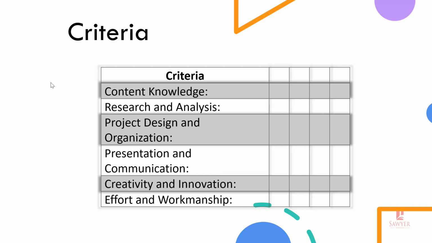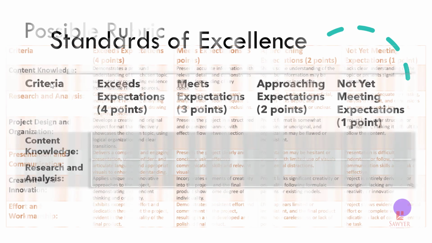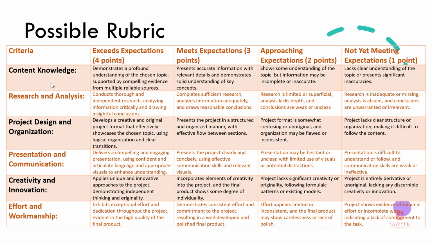Just don't have 7, 8, 9, 10. That's too much. Okay, and then of course with our standards of excellence, we don't want to change them. We'll just keep them the same, and then assign points. Easy enough. And then of course here is an example of what the rubric might look like.